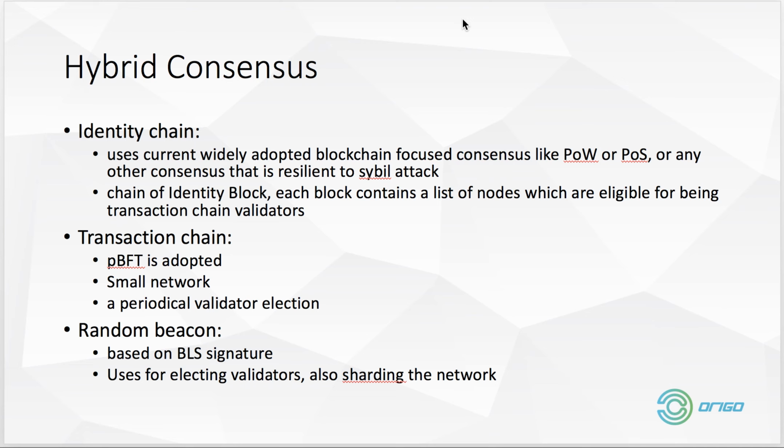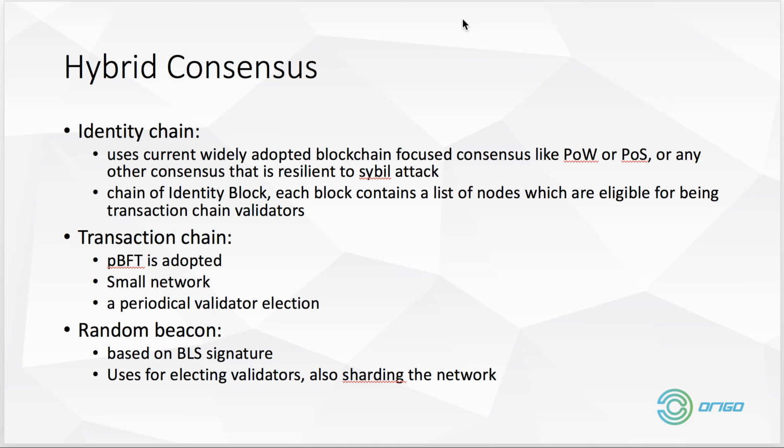To keep it fair, we cannot select a group of people and keep it forever. That's not secure, because some of the nodes may drop offline, and people may see it as unfair, because those who keep mining the identity chain and get selected would keep running the transaction validation forever. So it sets a periodical validation election.